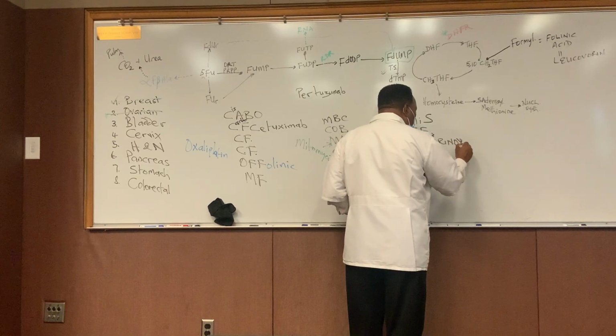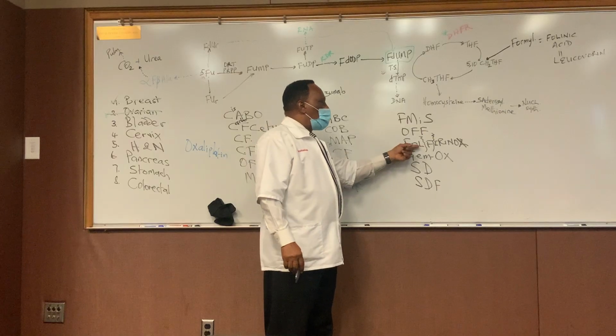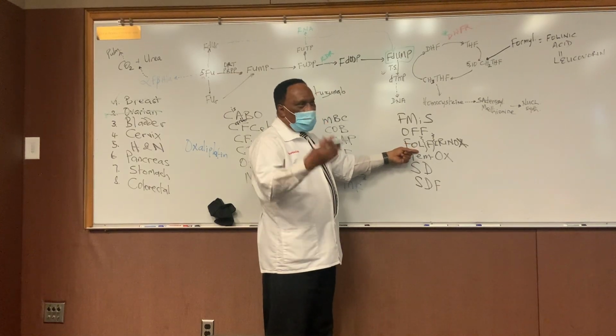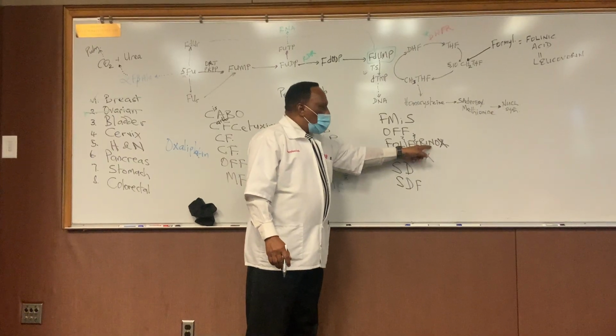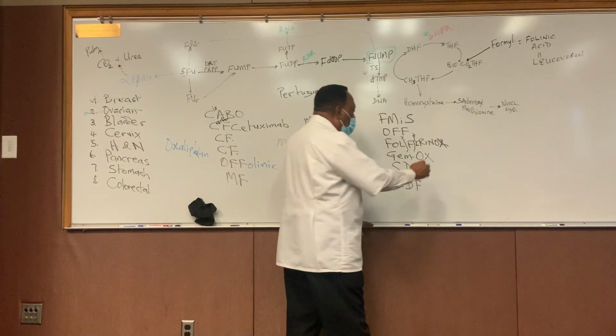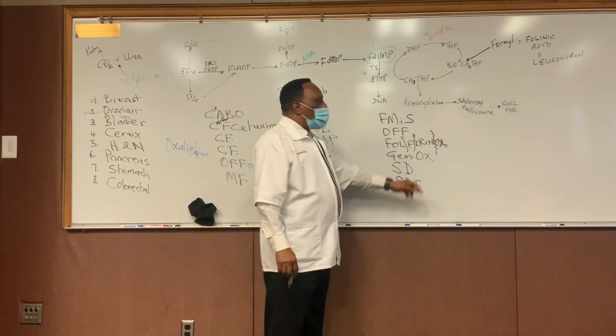That should be X. For Ferinox, so folinic acid, the rescue agent, and then 5-FU, and then irinotecan, and then oxaliplatin.